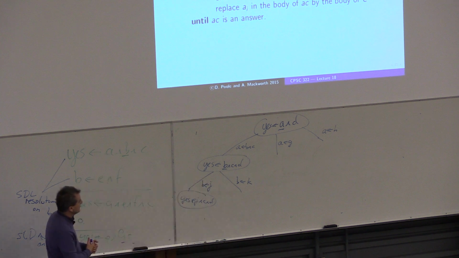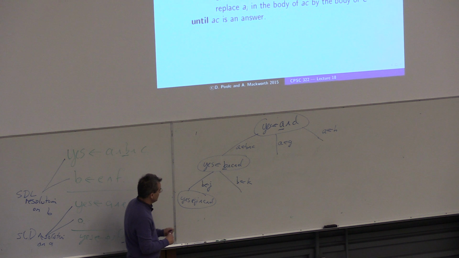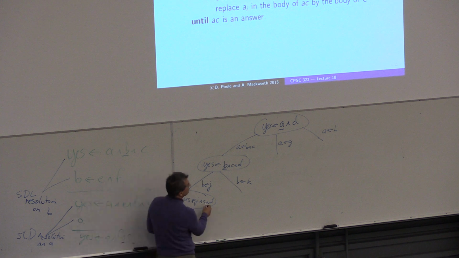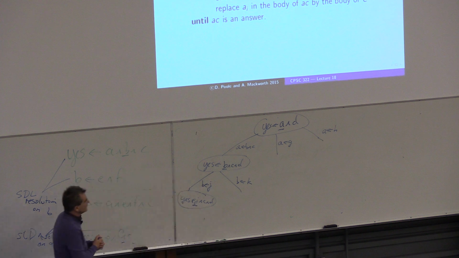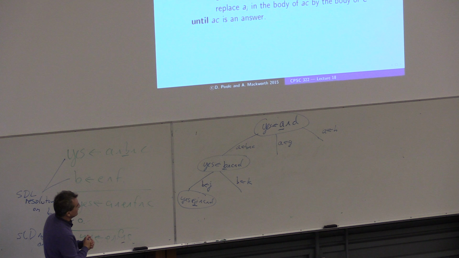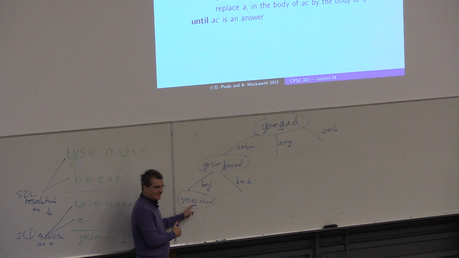And what should I select? C, someone said? Someone said J. Let's do J then. The loudest person said J. We'll do it by loudness. Okay, we're going to select this.